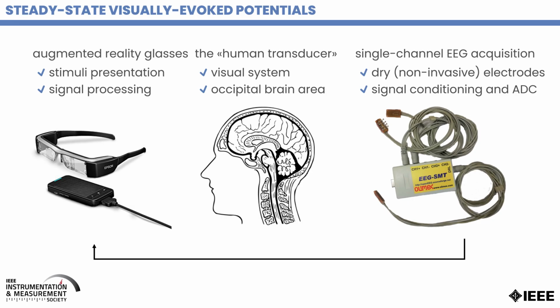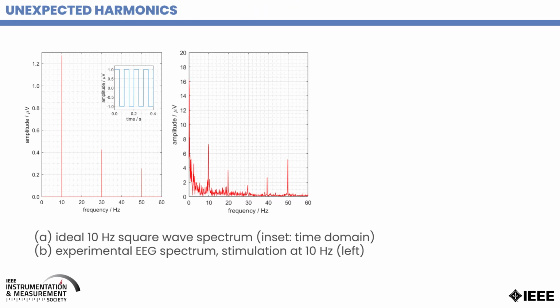And the idea, at least in the first shots of the usage of this system, was to have processing based on the amplitude spectra of the brain signals that we acquired from the occipital brain area.